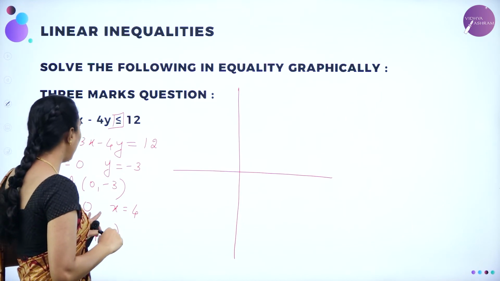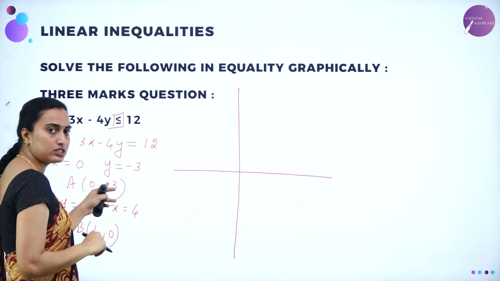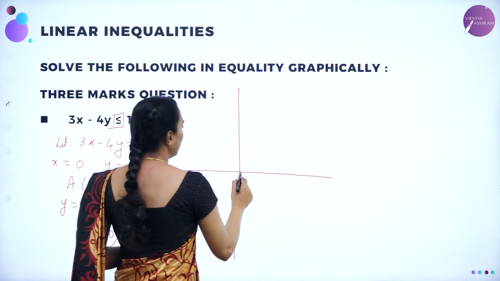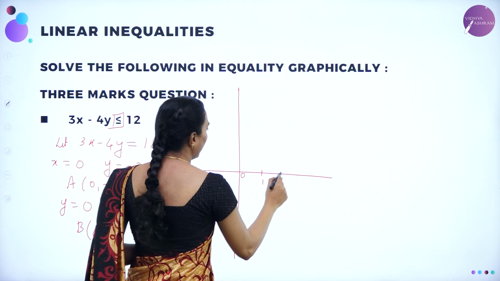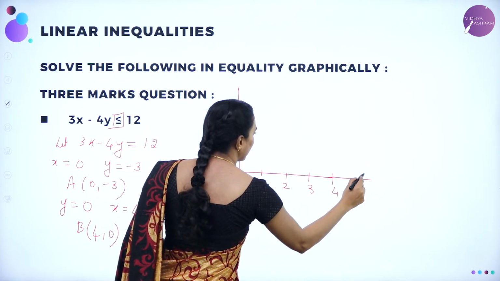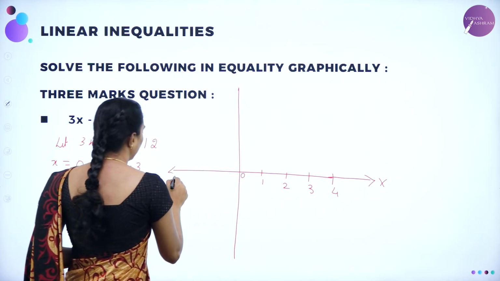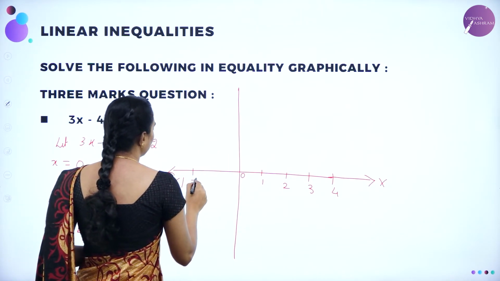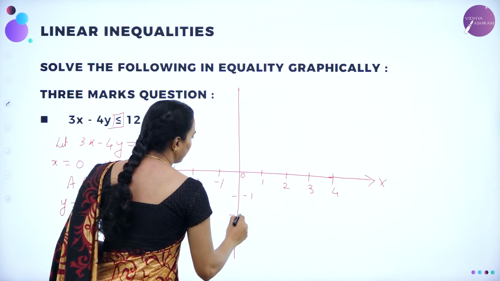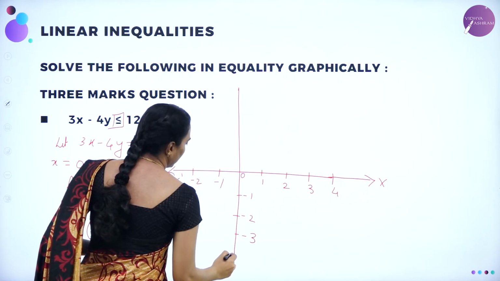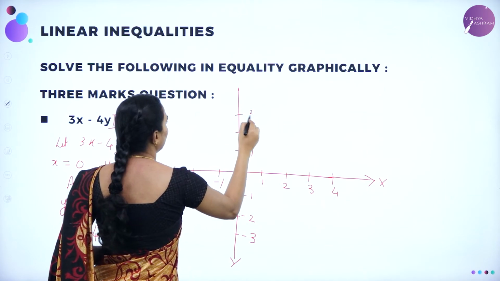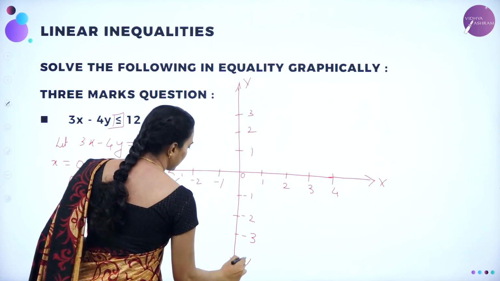Now let me mark the points first. Y-axis will go up to minus 3 on the downside and x-axis will go up to 4. So here the origin, which is 0, 1, 2, 3 and then 4. This is the x-axis, x dash, minus 1. Now here minus 1, minus 2, minus 3. So here I am going 1, 2 and 3, y, y dash.